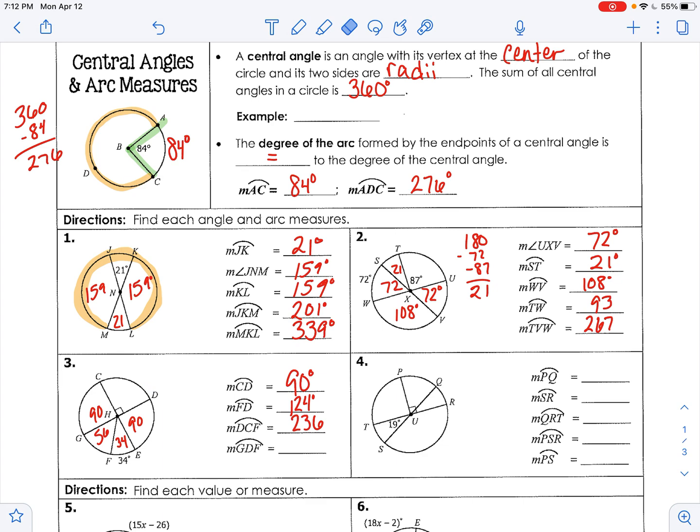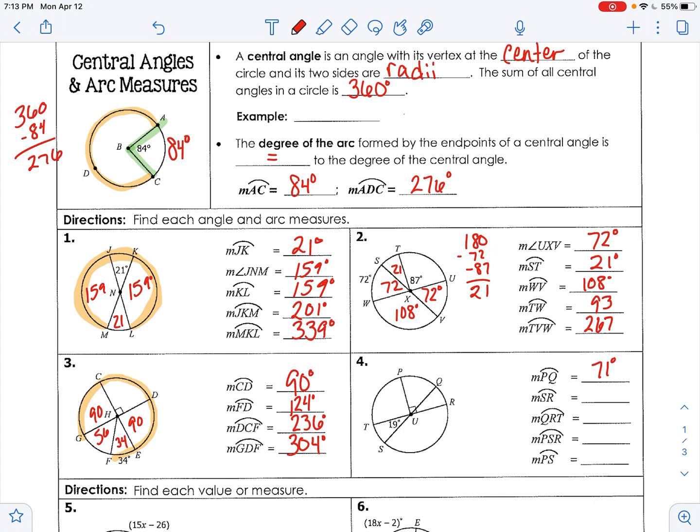And then GDF would be 360 minus 56, would be 304 degrees.